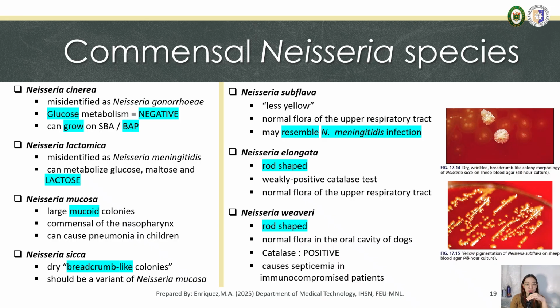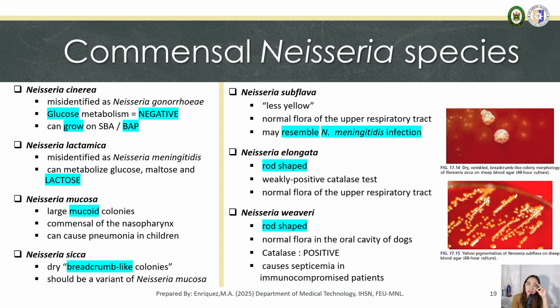Next is Neisseria elongata, weaveri, and bacilliformis. So again, these three are unique among the other members of the genus because they are rod or bacilli shaped. Ulitin po natin. Halos lahat ng Neisseria species ay gram-negative diplococci, di ba po?